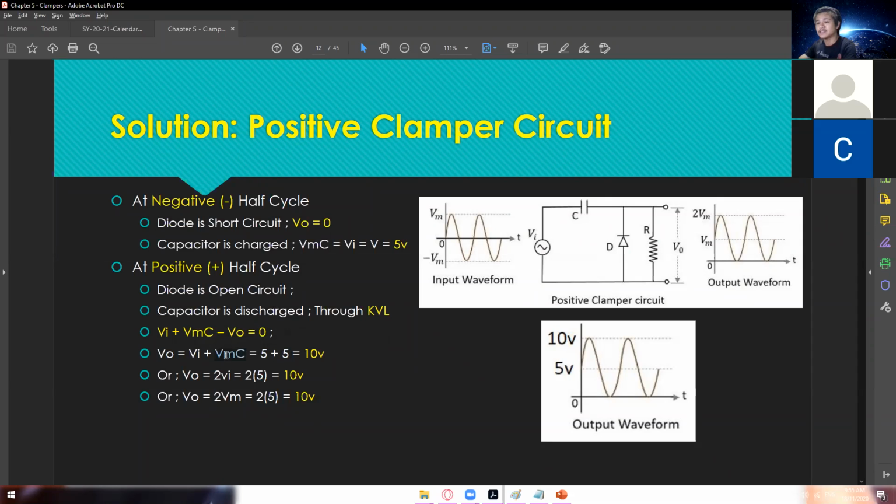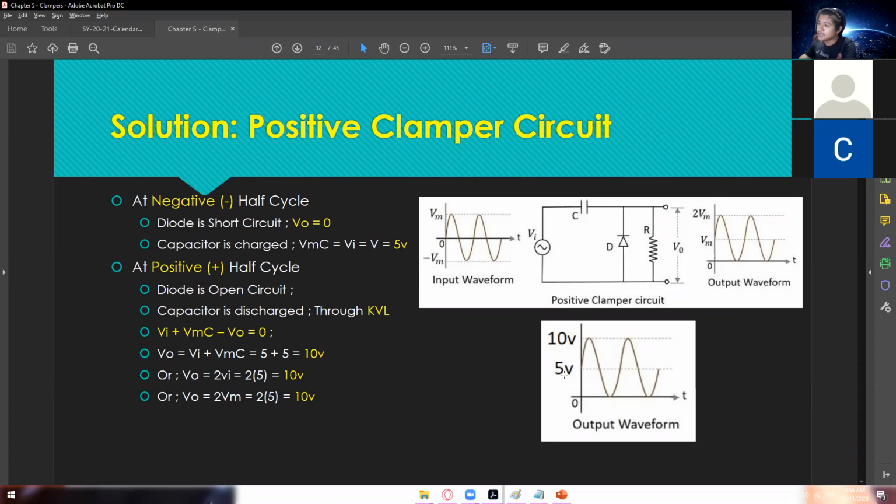That's the value during the negative half cycle, wherein it was charged to positive 5. So 5 plus 5 is equal to 10 volts, or you can calculate twice the V sub I, wherein you'll get the same answer.